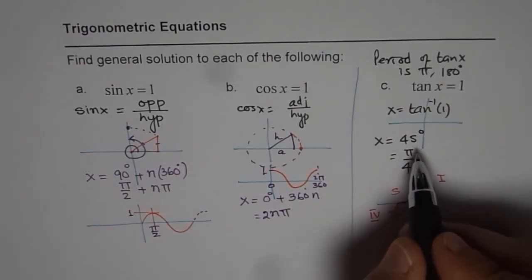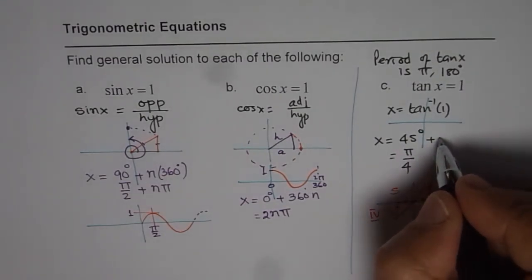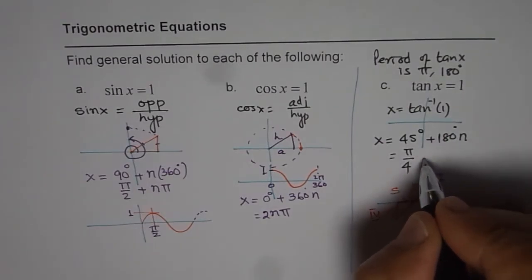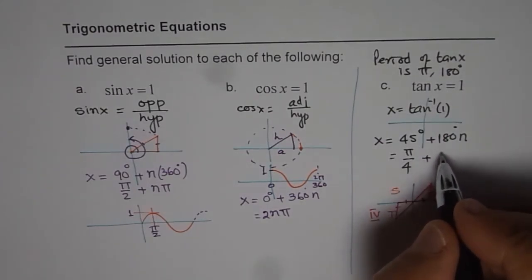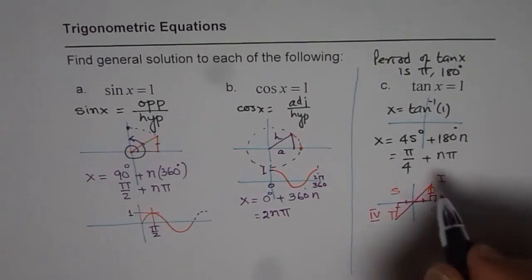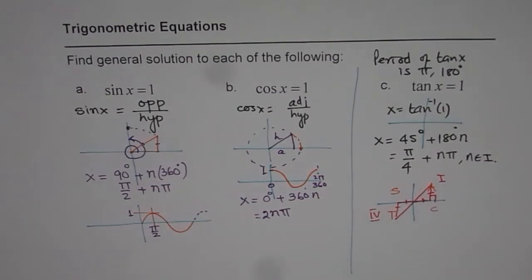Therefore, the general solution becomes 45 degrees plus n times 180 degrees. We can say 180 degrees times n, or n times pi. So that becomes the general solution where n belongs to the integers. In all my equations, wherever I write a general solution, n will be an integer, right?